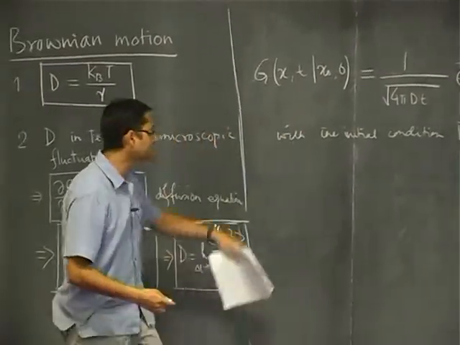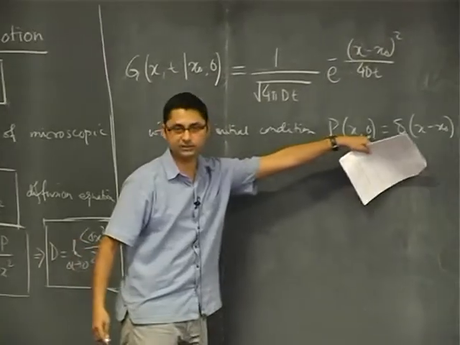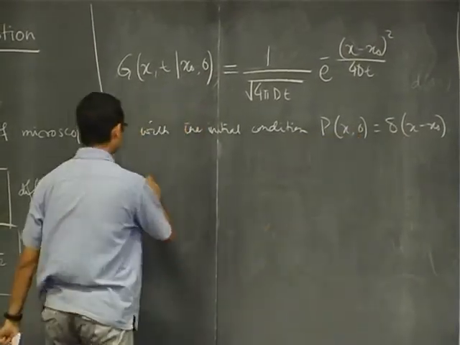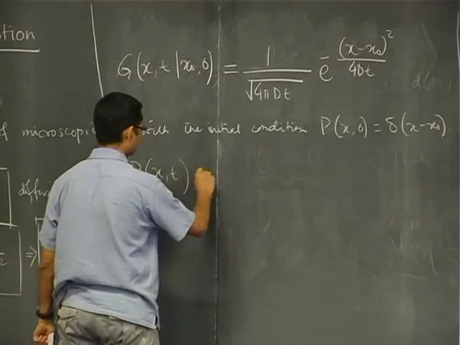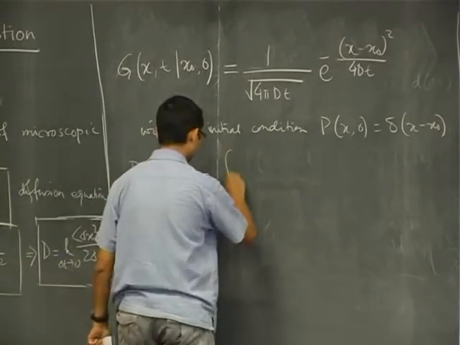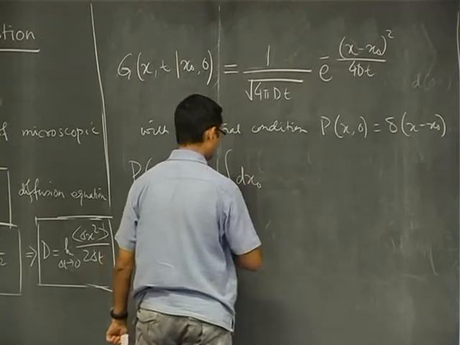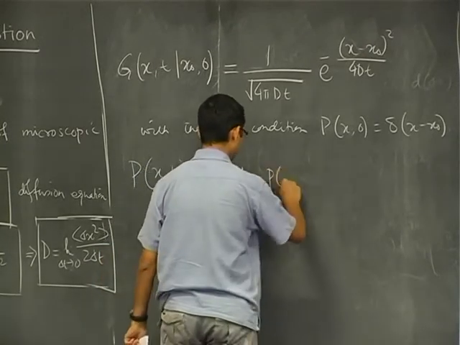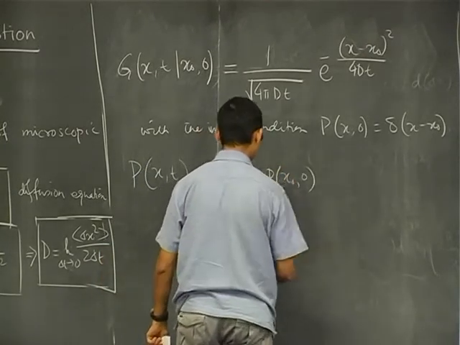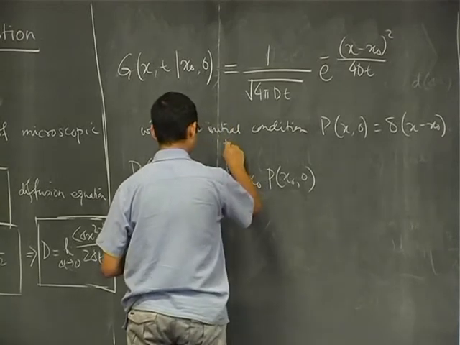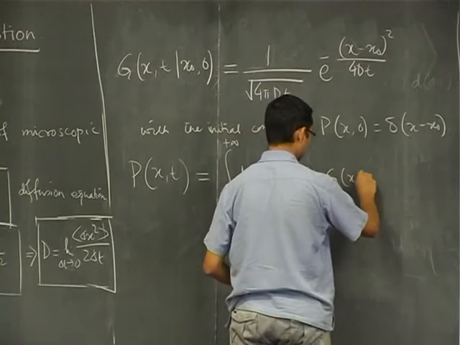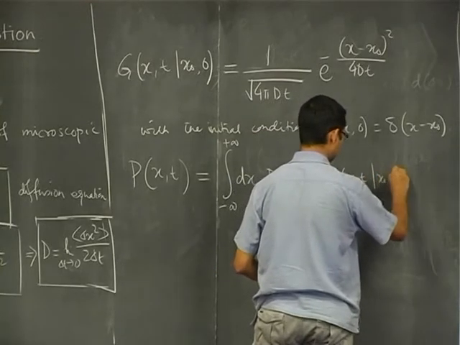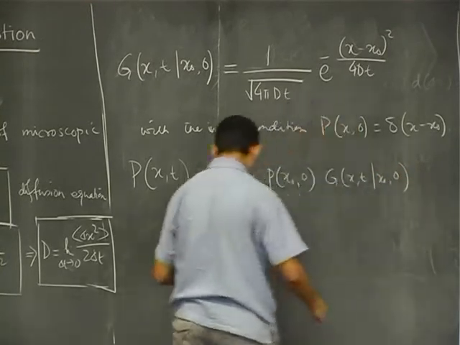Suppose initially, instead of this one, you have some general p of x0. So I am going to claim that the general solution is p of x, t equal to the integral dx0 p of x0, 0 times G of x, t, x0, 0, right.